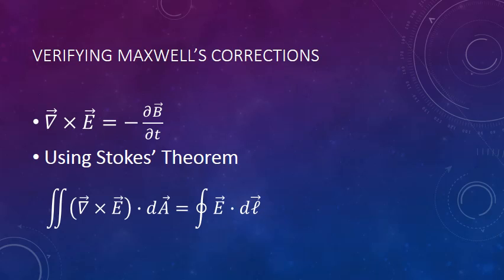Now, what else do we know about EMFs? Well, we learned that a negative rate of change of magnetic flux also produces EMF. Well, what is magnetic flux?